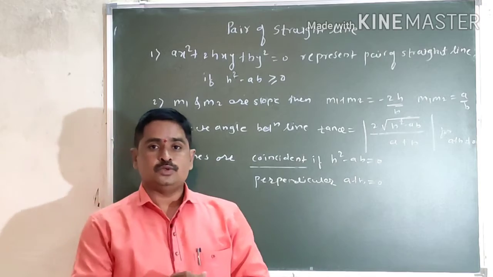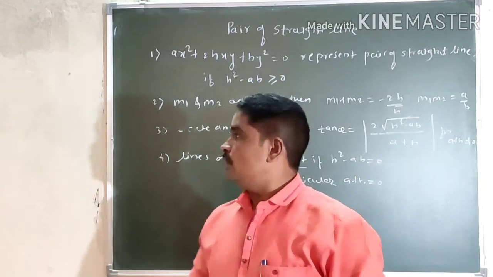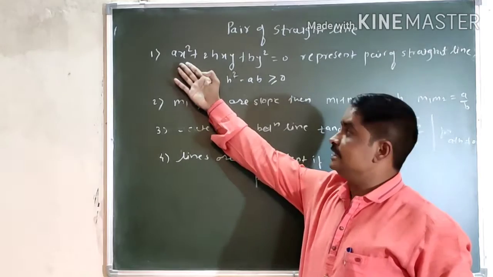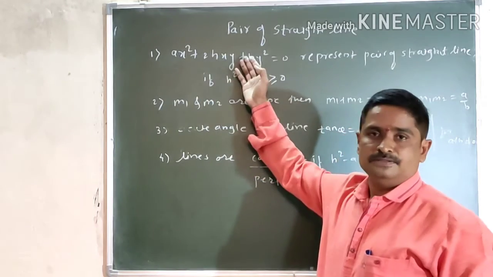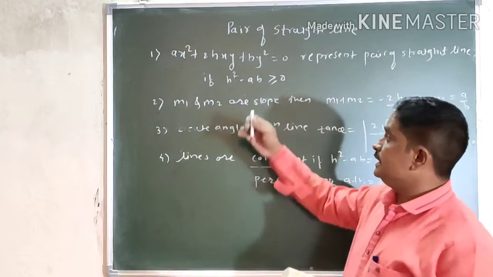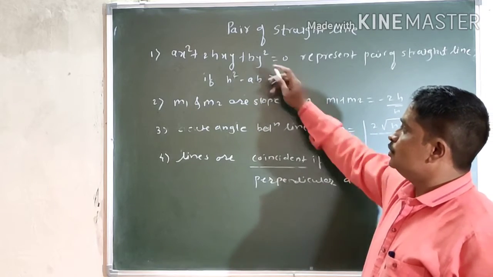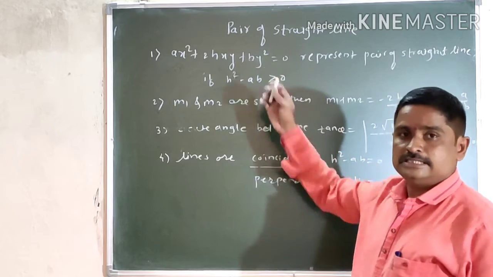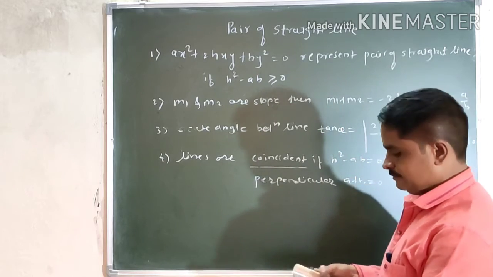Now we are going to take some problems depending on the equation ax square plus 2hxy plus by square equals 0. So remember all these points to solve problems of this type.